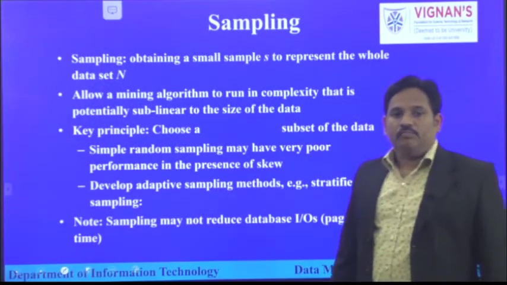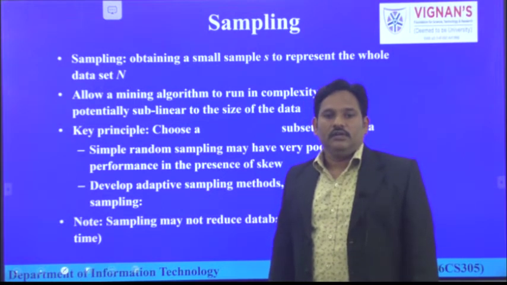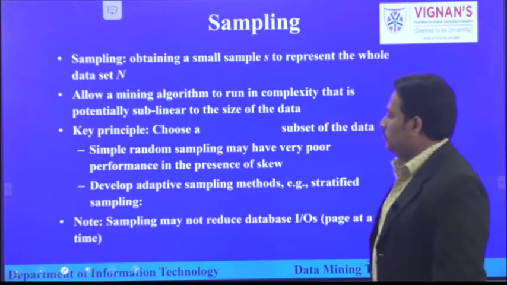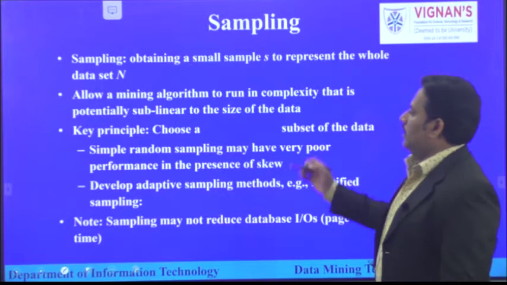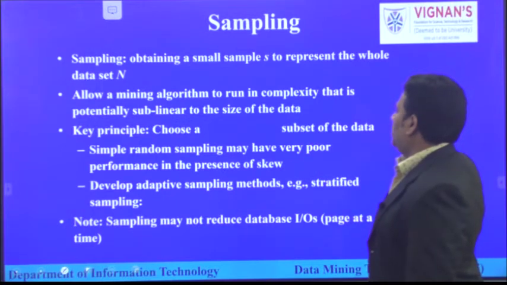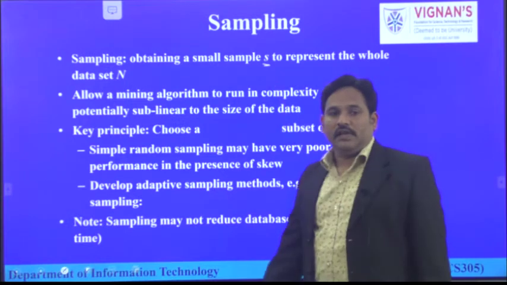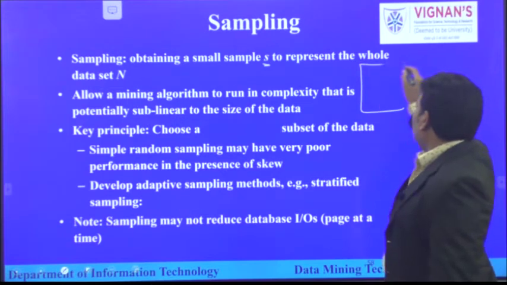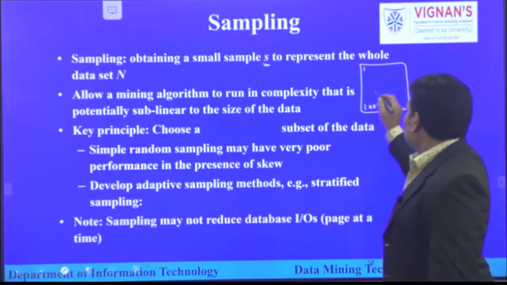When it comes to sampling, sampling is one of the alternative techniques which we can use under the non-parametric approach. Here we want to choose a sample: obtain a small sample S to represent the whole data set N. That means we have a large data set, say 1 to 1000 records.